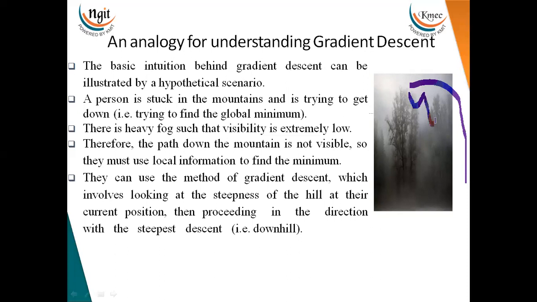Then again, he will find the next point with more slope. Like that, he will come to the ground. That is what gradient descent means. First, you find the local minima, then the global minima, so you get from the top of the mountain to the ground using the steepest descent.